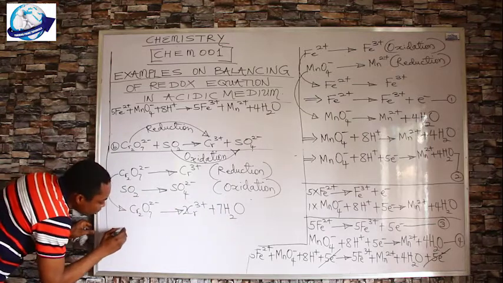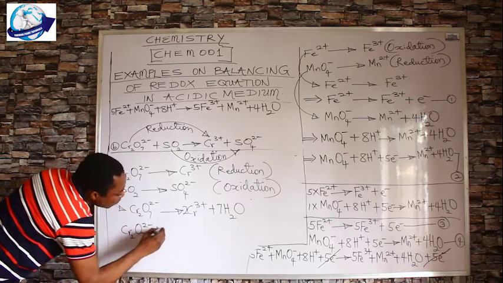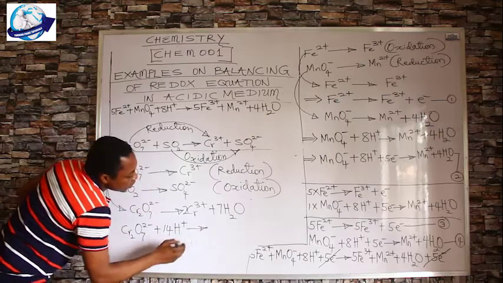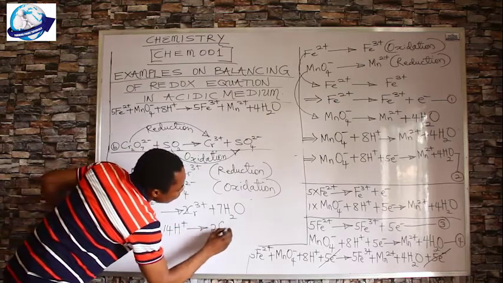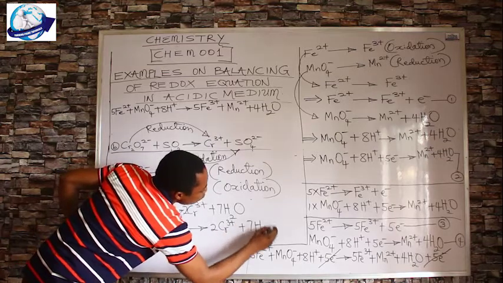So you come back this way and say Cr2O7 2- plus 14H+ yields 2Cr3+ plus 7H2O.